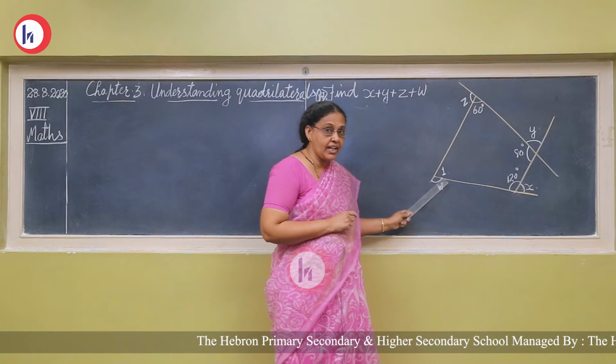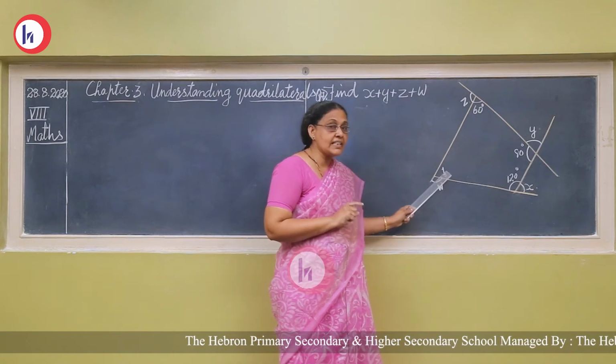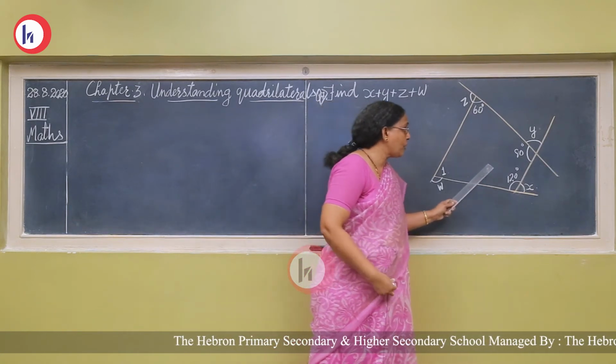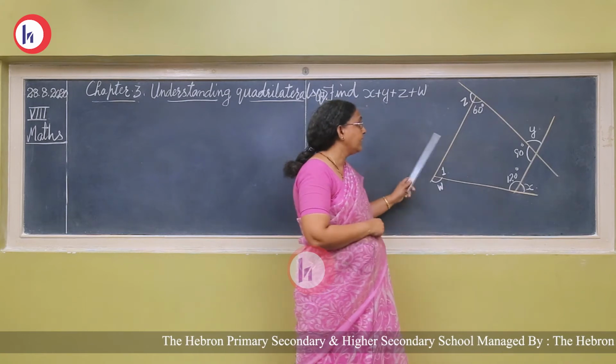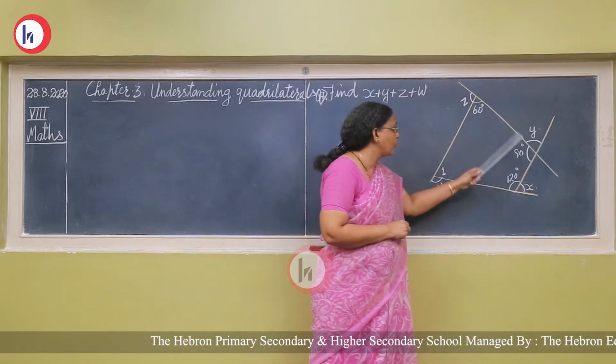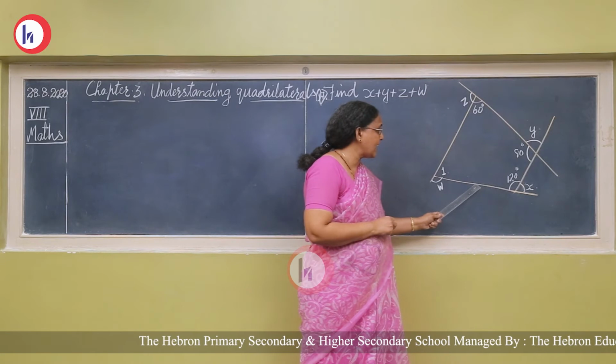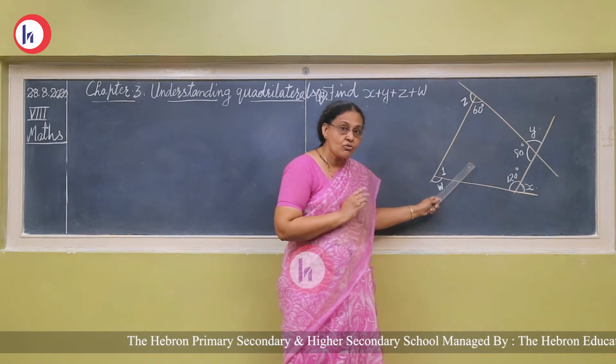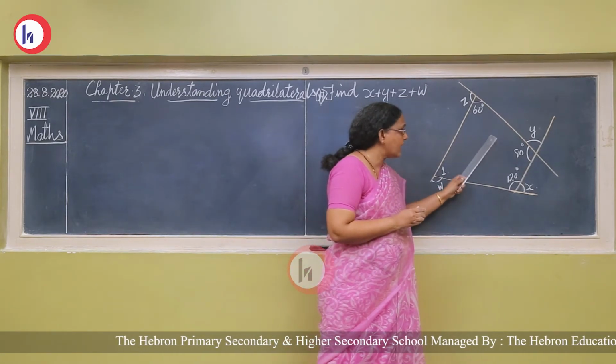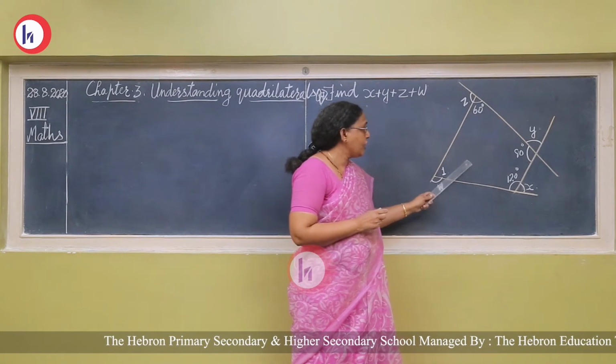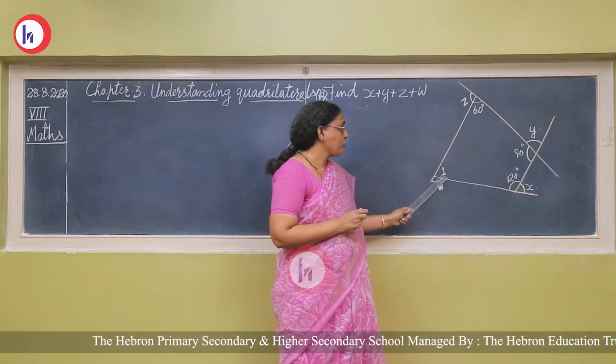So first we will find out angle 1. How can we find angle 1? By using the angle sum property of a quadrilateral. Here it is a quadrilateral, 1, 2, 3, 4. A four-sided polygon is also known as a quadrilateral.